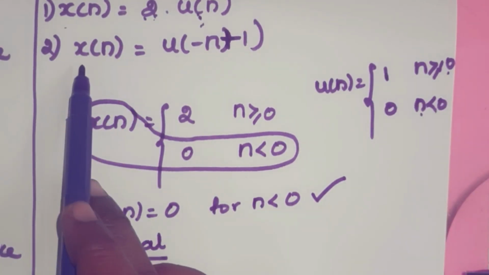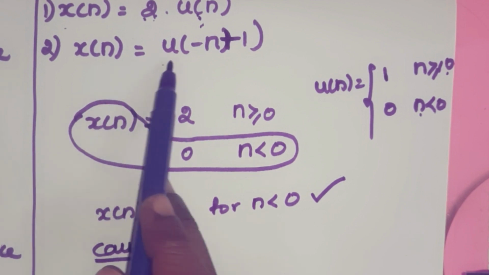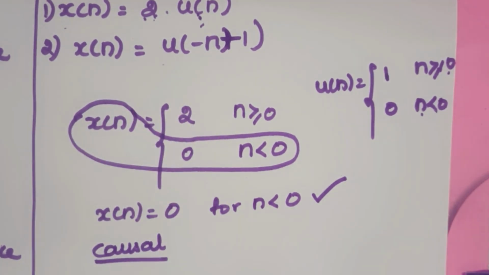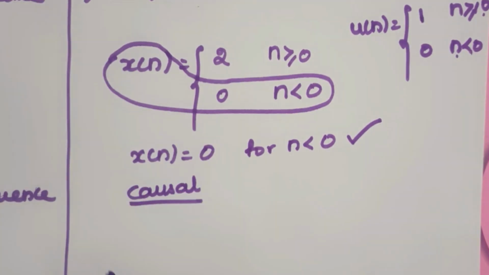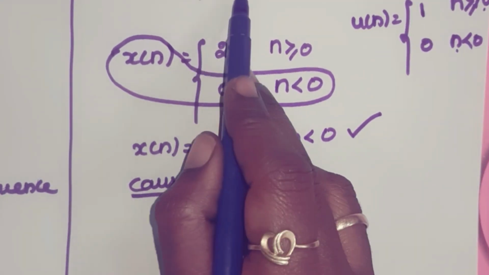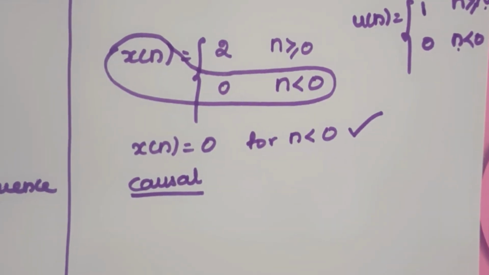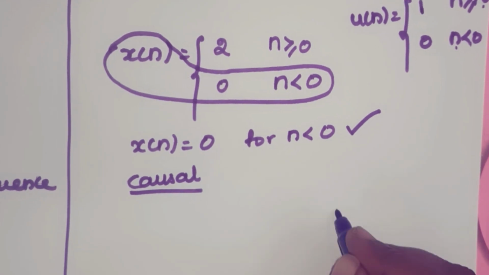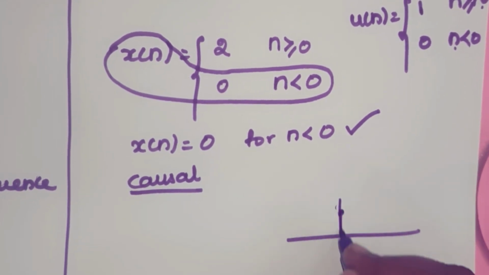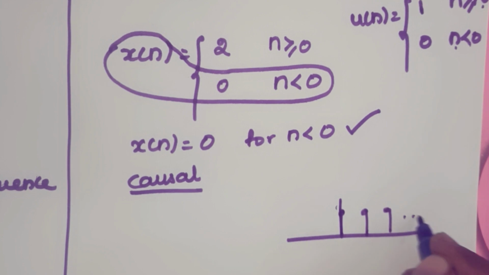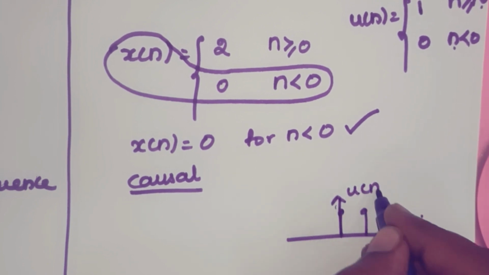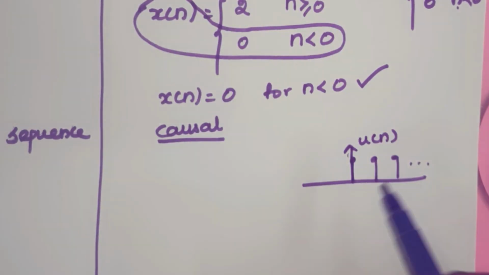Next one, x of n is equal to u of minus n plus 1. So first find u of n plus 1.